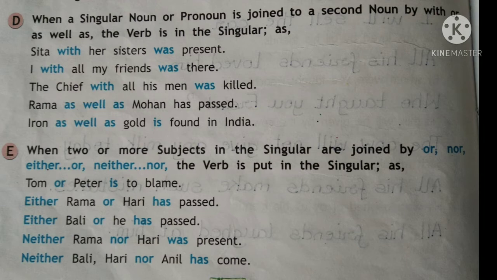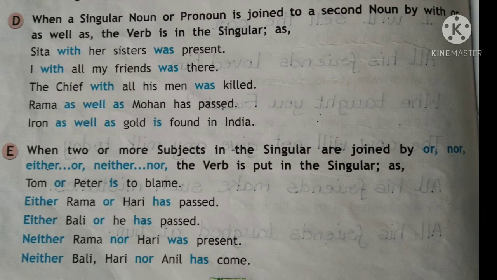Here we are talking about two persons, one is Sita and another is her sisters. But Sita and her sisters are joined with, W-I-T-H. So we refer only to Sita, which is a singular person. So we write a singular verb, that is was present.